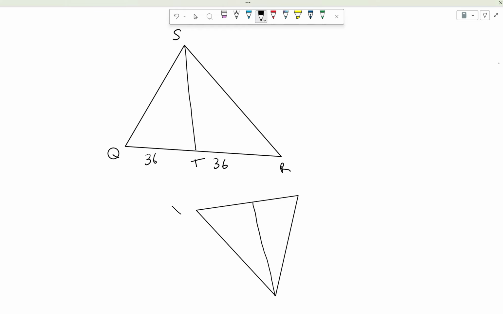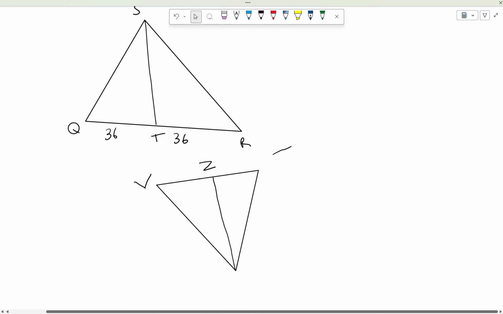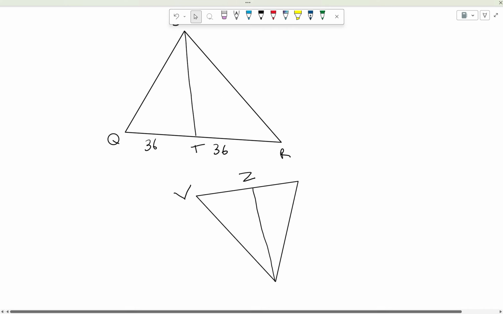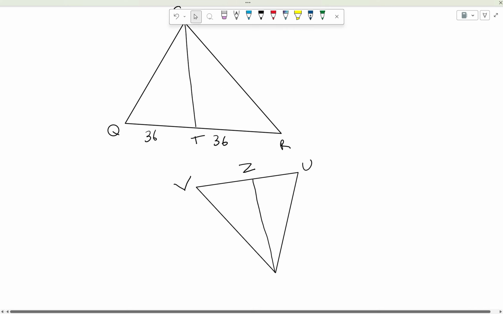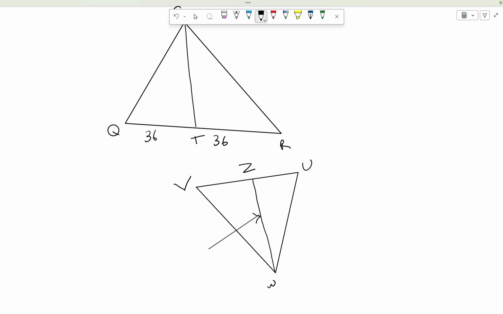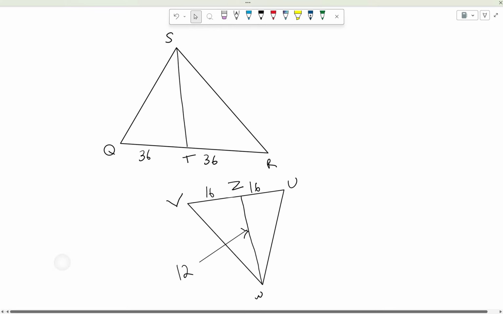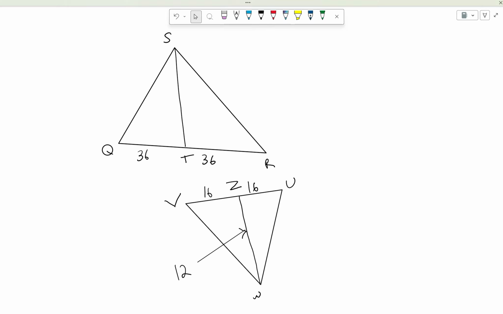I have V, Z, U, W, and then this corner right here is 12, and then each of these is 16.